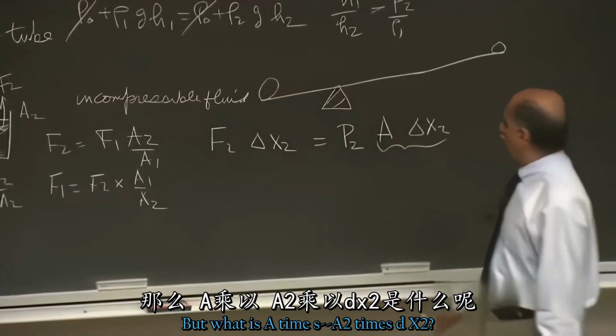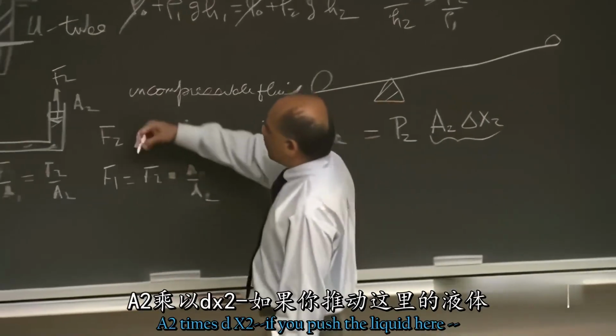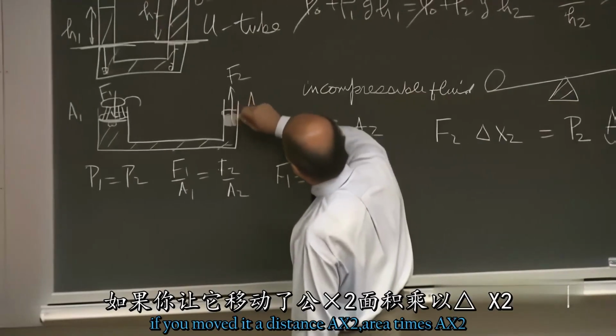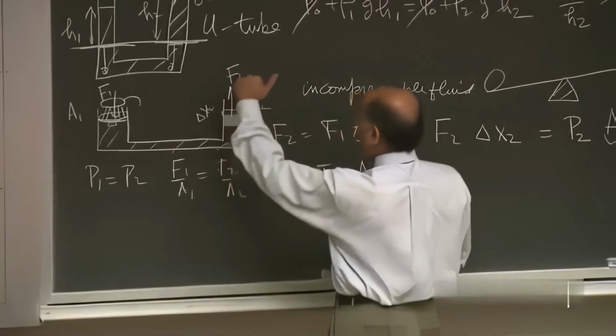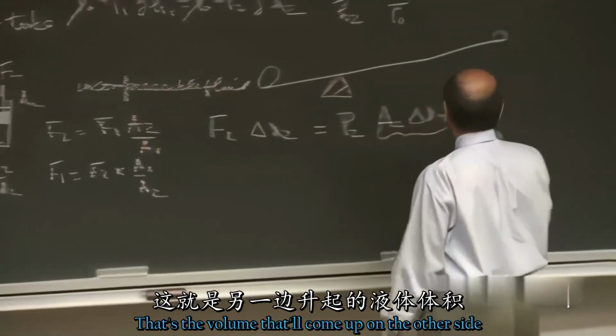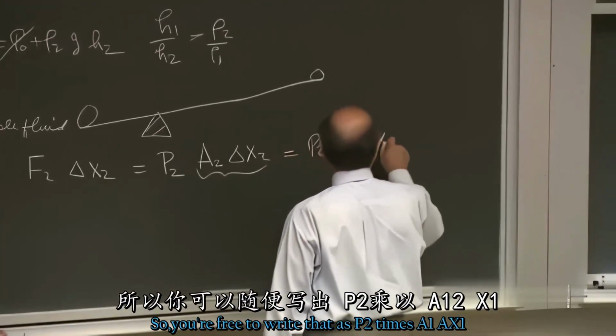But what is A2 times dx2? A2 times dx2, if you push the liquid here, if you moved it a distance delta x2, area times delta x2 is the volume of fluid you push down here. That's the volume that will come up on the other side. So you're free to write that as P2 times A1 delta x1.